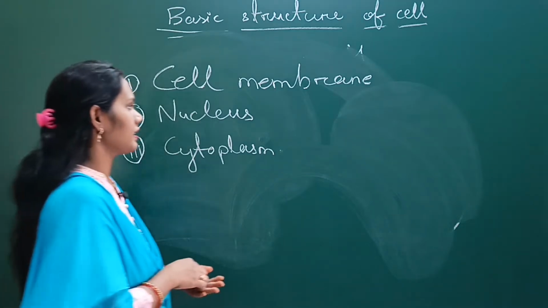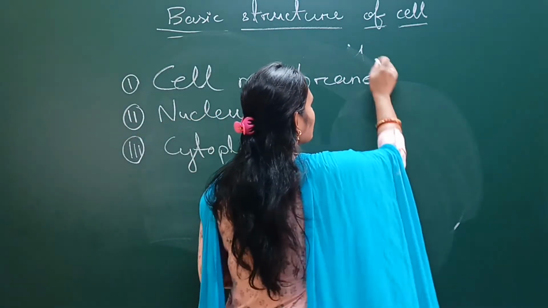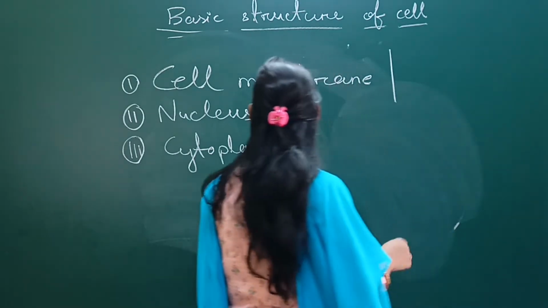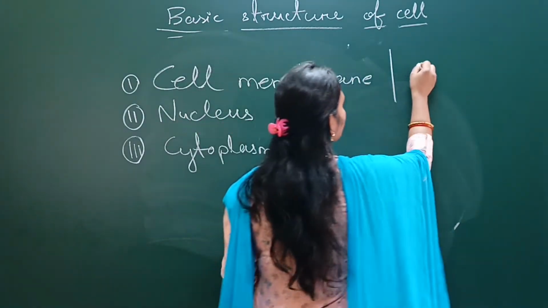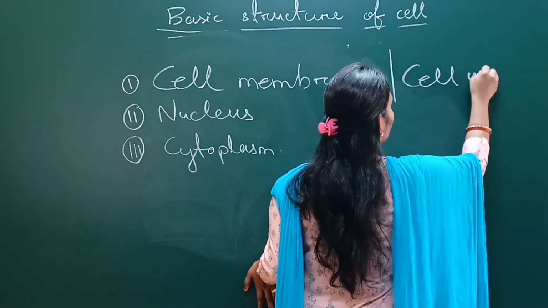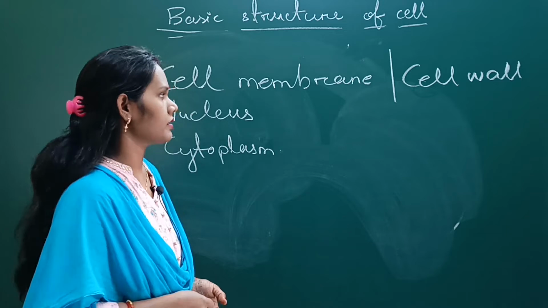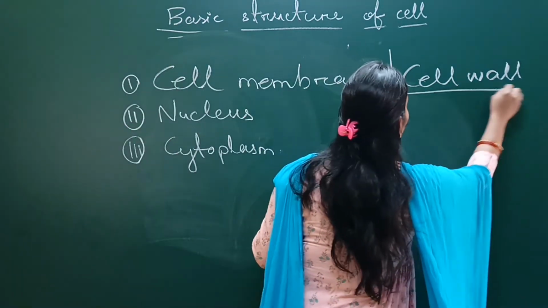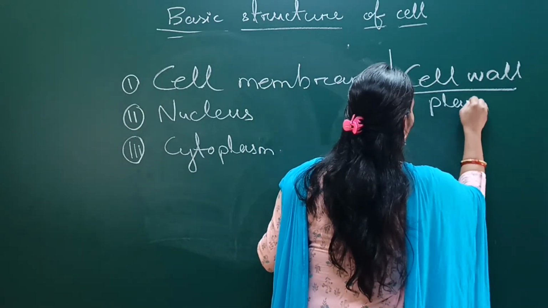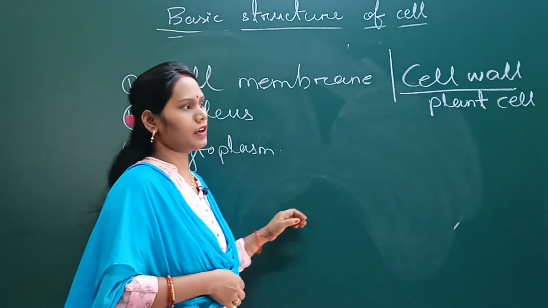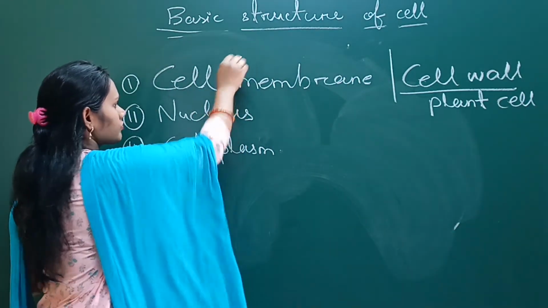But in plant cell there is one extra outermost layer, and that is the cell wall. The outermost covering of the plant cell is the cell wall, and the outermost covering of the animal cell is the cell membrane.